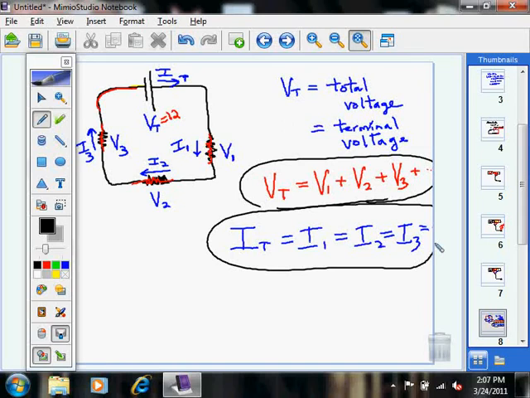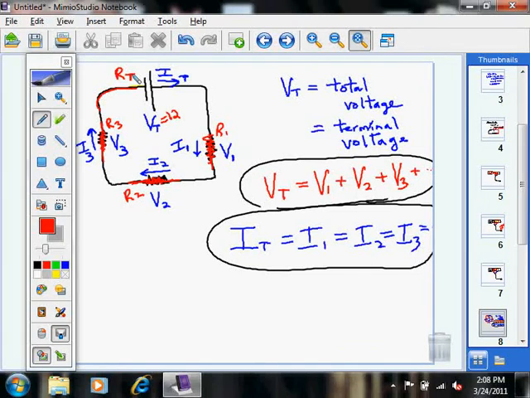Now, what about electrical resistance, opposition? If the opposition to go through this light bulb is R1, and the opposition to go through this light bulb is R2, and the opposition to go through this light bulb is R3, what would be the relationship between those three resistances and the total resistance of the circuit, RT?